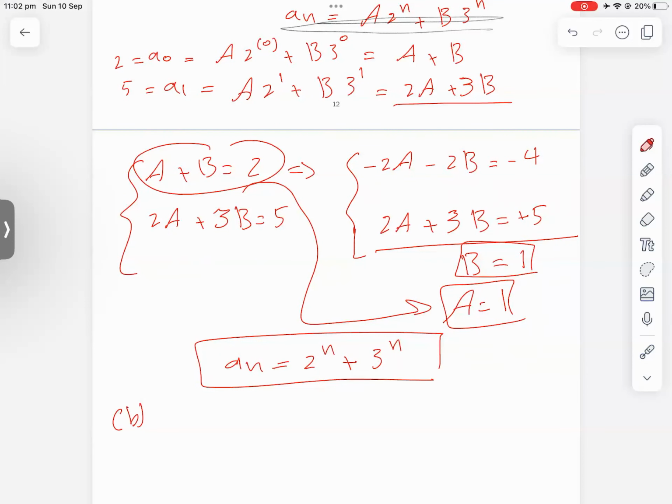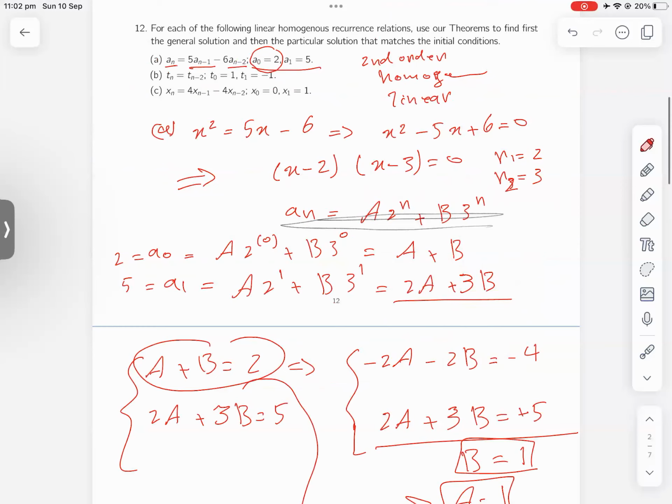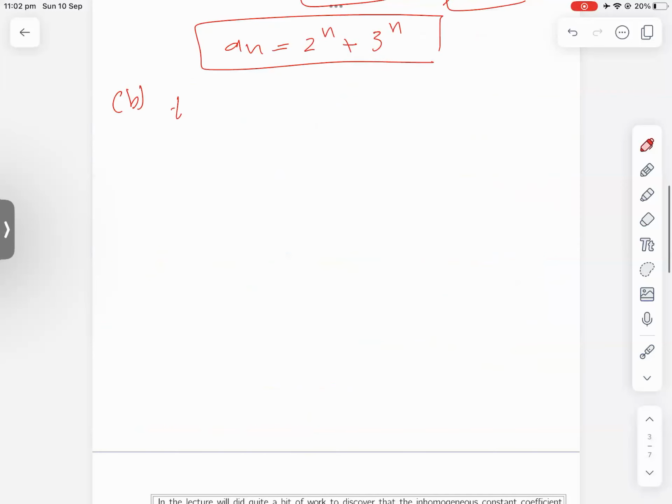Okay, part B is this one here. T_n equal to T_{n-2}. From here, I can see that x squared equal to 1. So x squared equal ax plus b, where a is 0 because there is no coefficient for t sub n minus 1, and b is equal to 1.